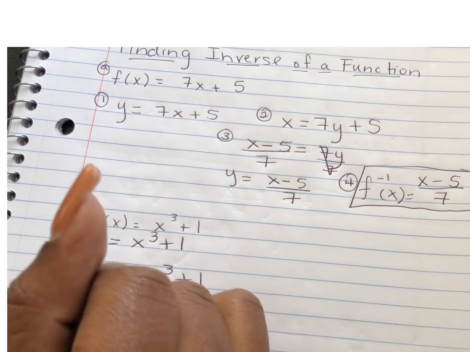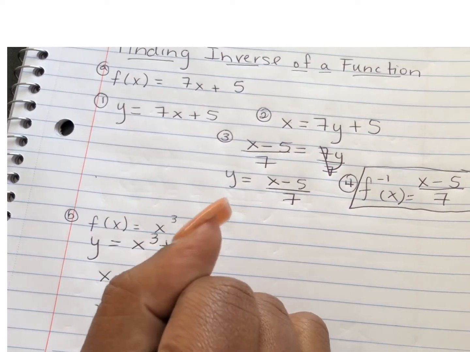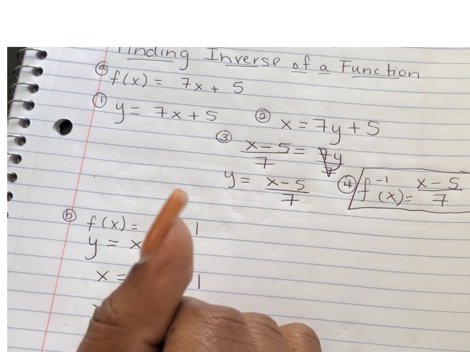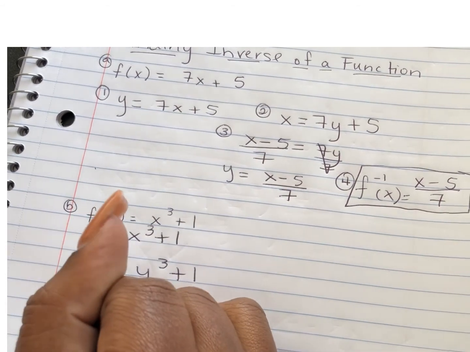We're going to solve for y, and we have x minus 1 equals y cubed. And to get y by itself, we are going to take the cube root to get rid of a cube.